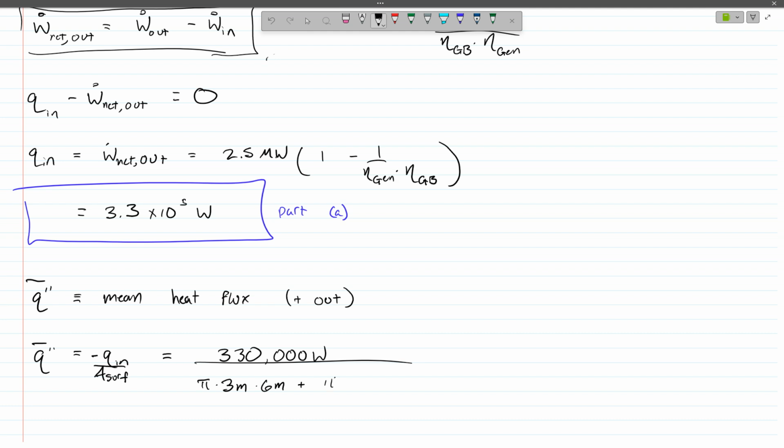Plus pi times 3 meters squared. Then since we have 2 of them, 2 end caps, we'll divide that by 2 instead of by 4. So we're treating this, remember, as a 6 meter long by 3 meter diameter cylinder, and we're just looking at the total surface area of this.